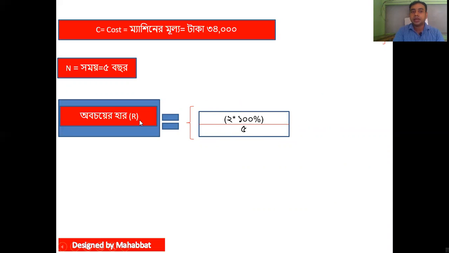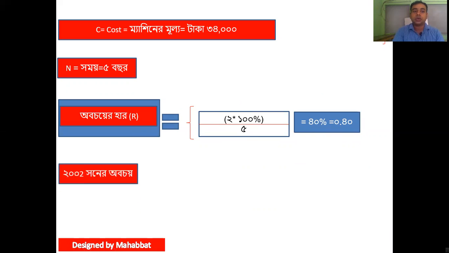In this case, R equals 2 into 100% divided by estimated useful service life, that means 5. So the result will be 40%, that means 0.4.